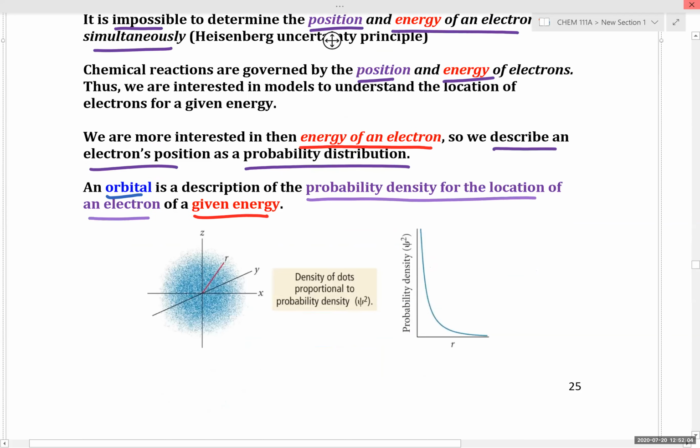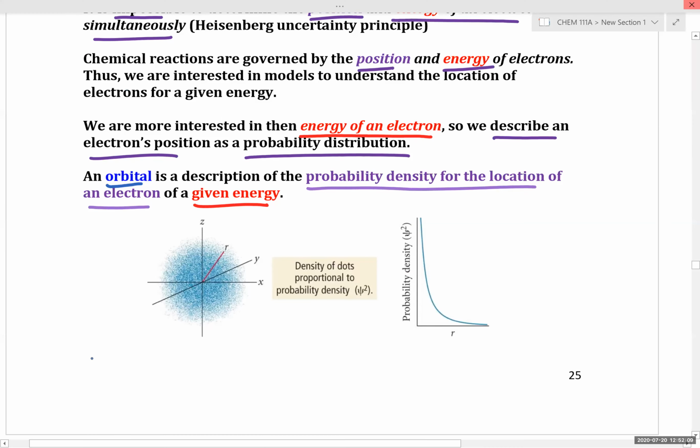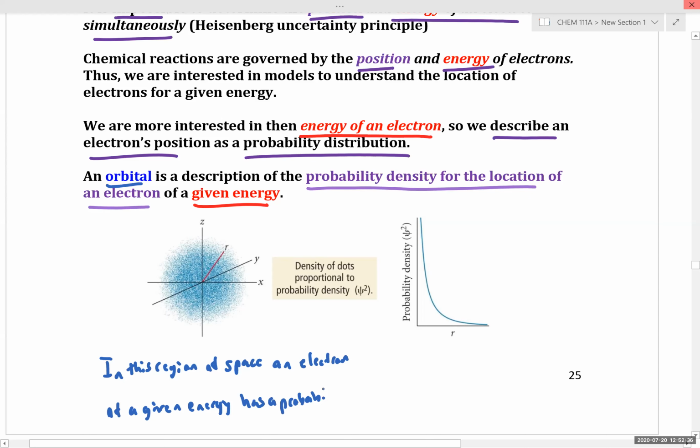Okay, so what this orbital depiction is trying to convey is that in this region of space, an electron of a given energy has a probability of being present in that space.